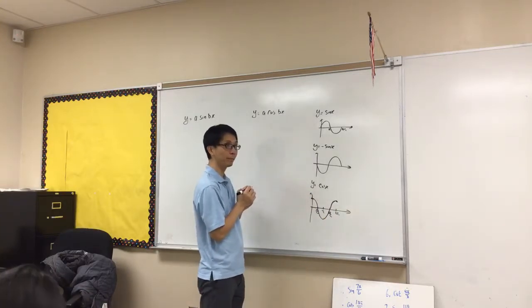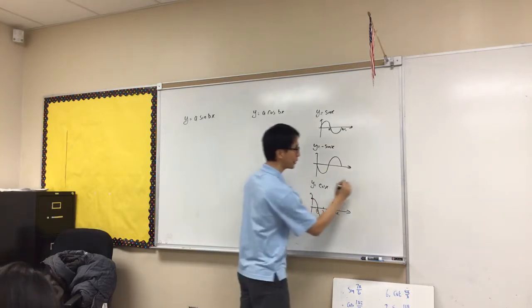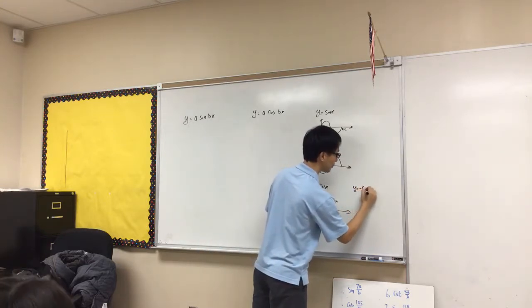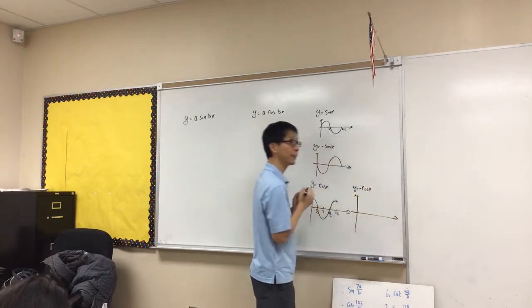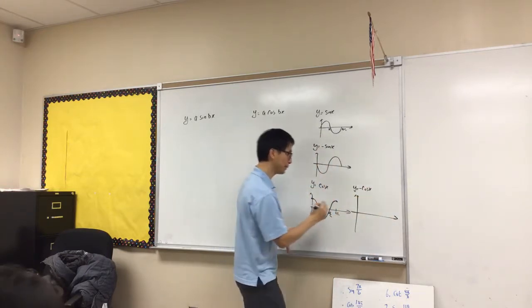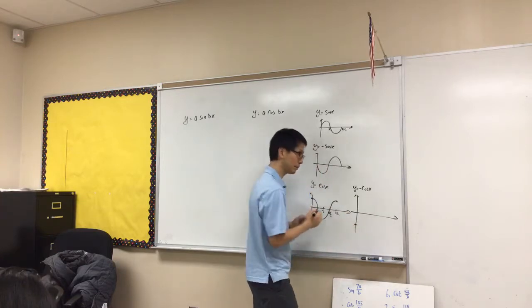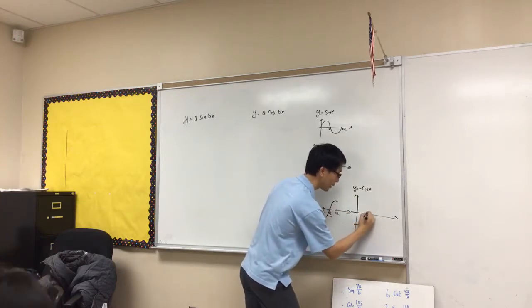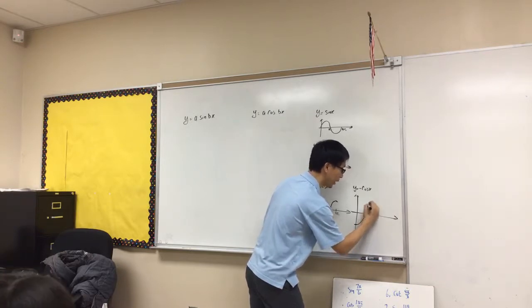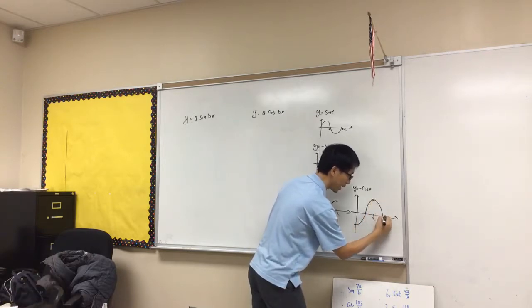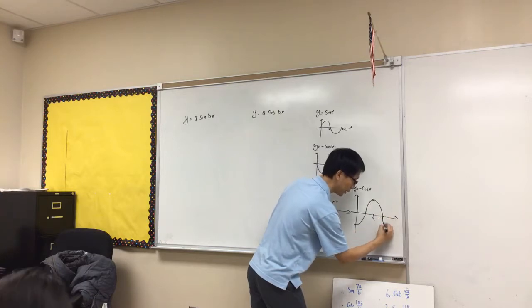Are we okay here? How about y equal to negative cosine? You're going to start at the bottom at negative 1. Here pi over 2, here pi. So it's going to go up, come back down to the middle, and go back here.